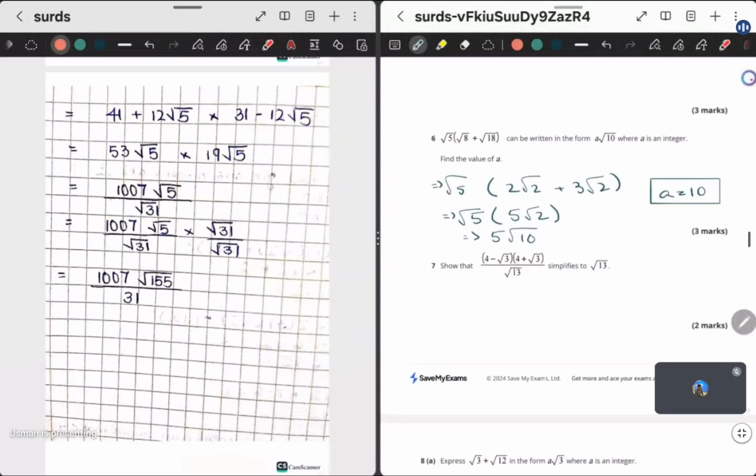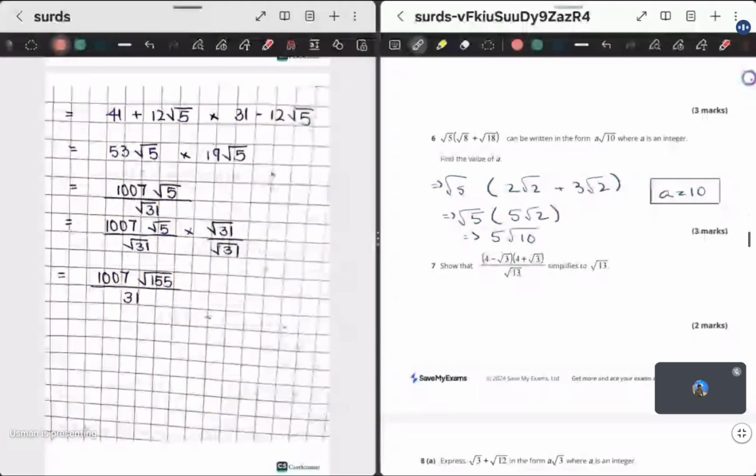Did you understand what I did? Or do you want me to repeat it? Why does it multiply? Okay. So we have the bracket. The bracket multiplies, yes? Everything outside the bracket will multiply with everything inside the bracket, yes? And whenever we have two surds multiplying, what happens?